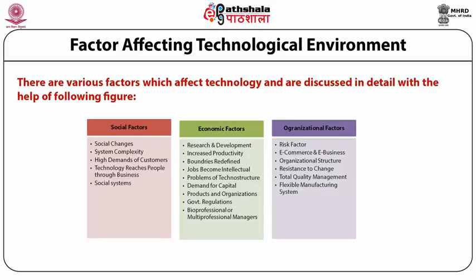Now, in the social factors, the issues are social changes, system complexity, high demands of customers, technology reaches people through business, and social systems. The economic factors are research and development, increased productivity, boundaries redefined, jobs become intellectual, problems of technostructures, demand for capital, products and organizations, government regulations, and bioprofessional or multi-professional managers.